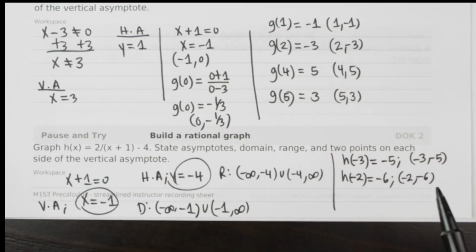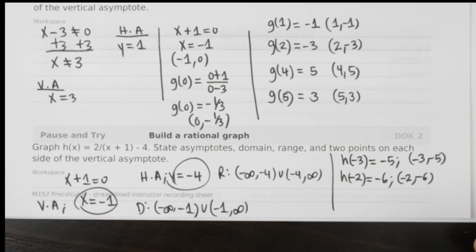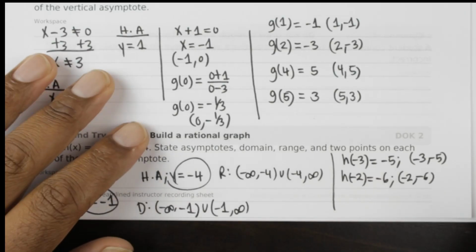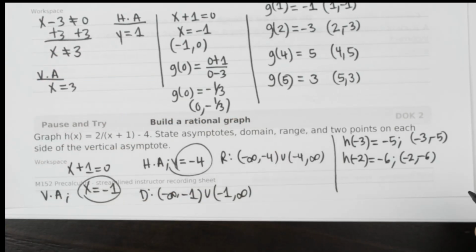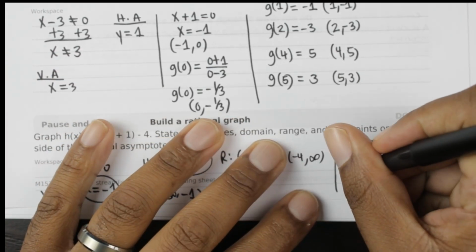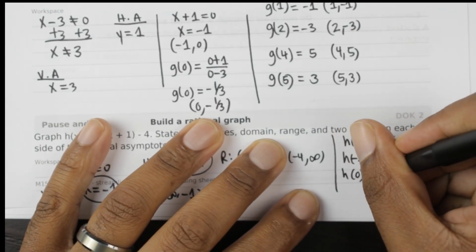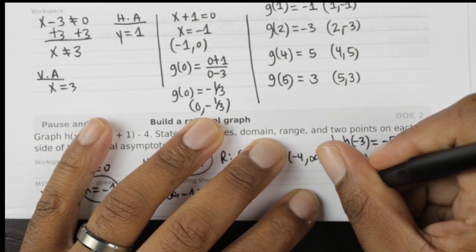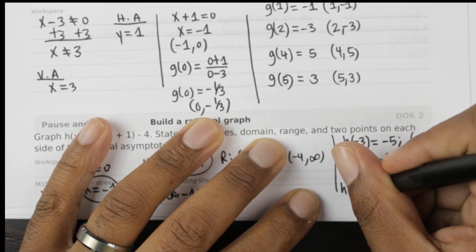Okay. Now choose 2 points on the right of -1. So let's use x equals 0 and x equals 1. Okay. So these will be pretty easy. So that'll be -2. Then we also are going to use 1.